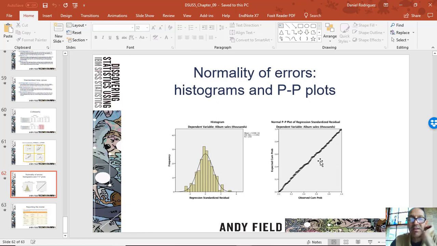Yeah, PP plot. So here you order all values from lowest to highest and convert them to z-scores, and there's a straight line underneath which shows what a normal distribution would look like.